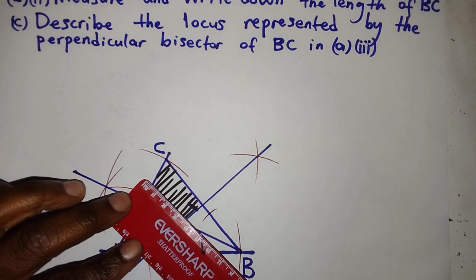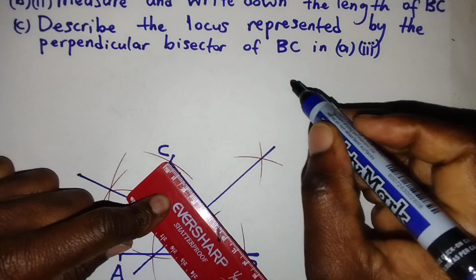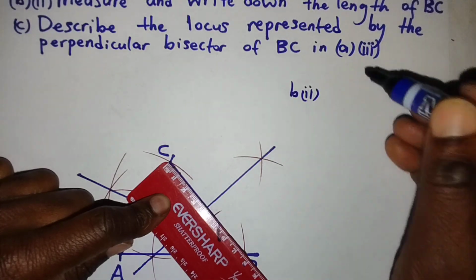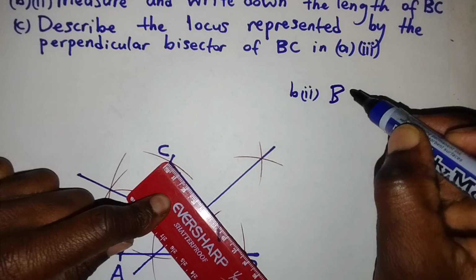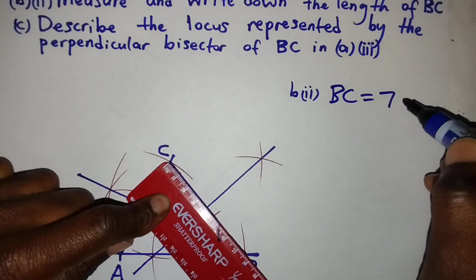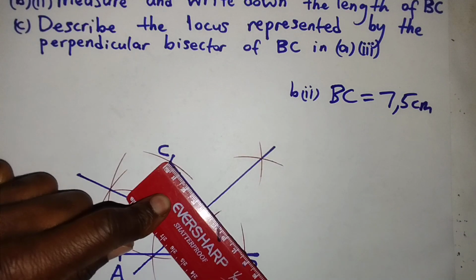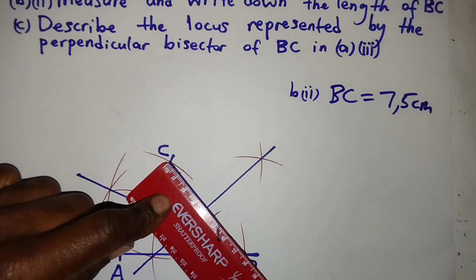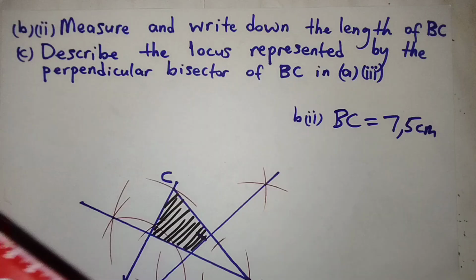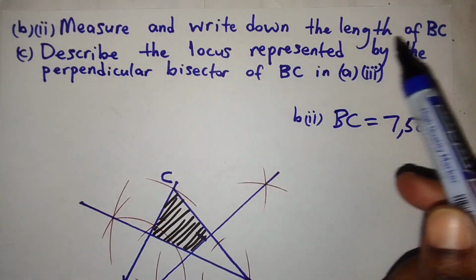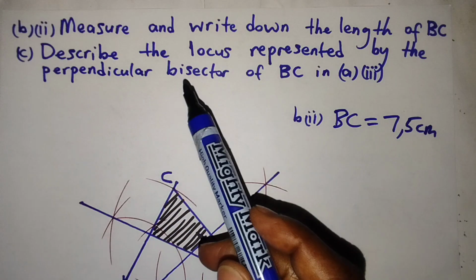Okay, so let me write here BC equals 7.5 centimeters in length. Okay, so finally we want to describe the locus represented by the perpendicular bisector of BC.